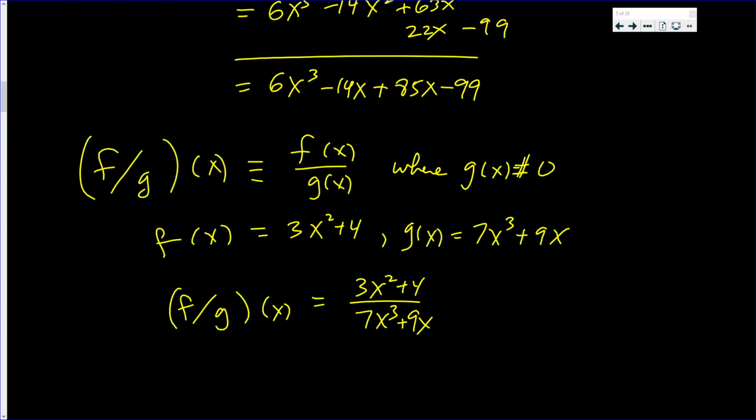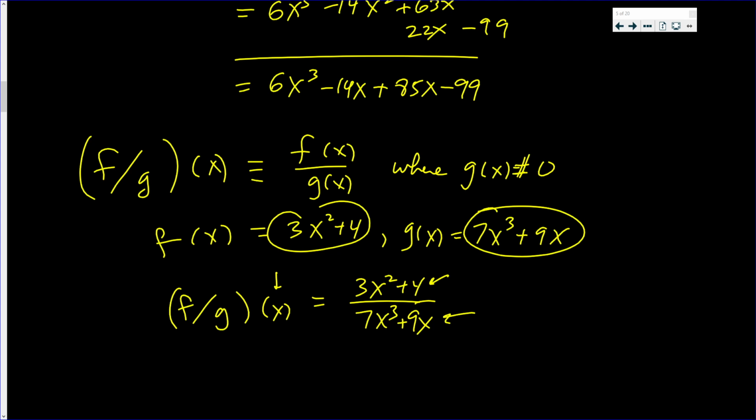And you can't take f over g of a number that would make the bottom 0. So division is not special. Whatever I put here and whatever I put there, if they say f over g, you put the f function over the g function.